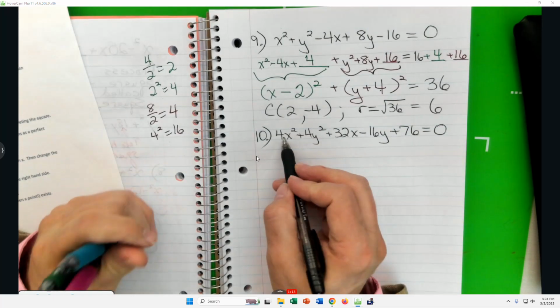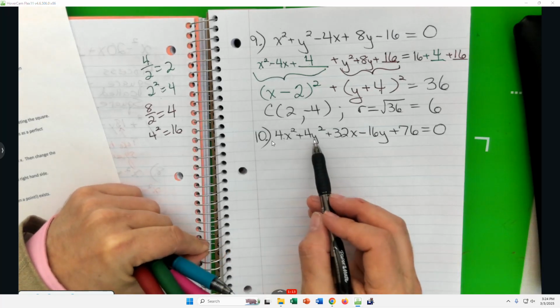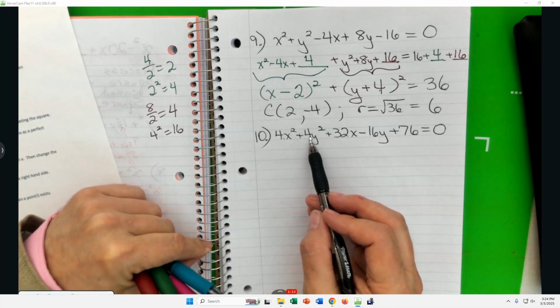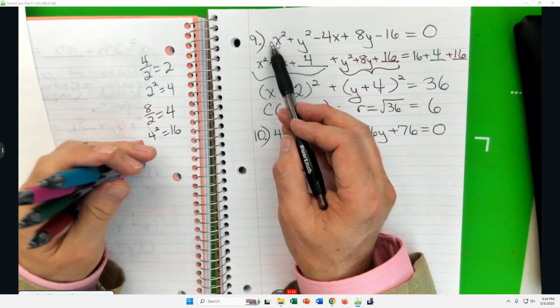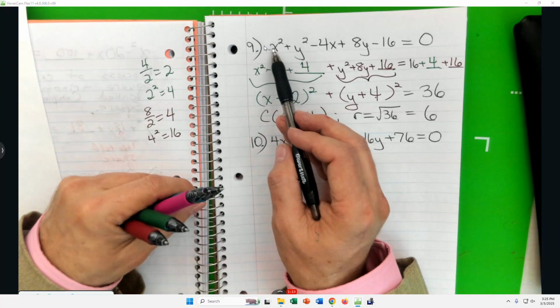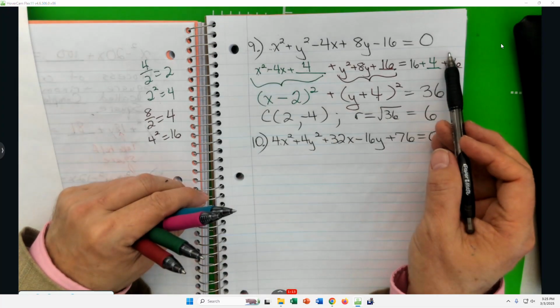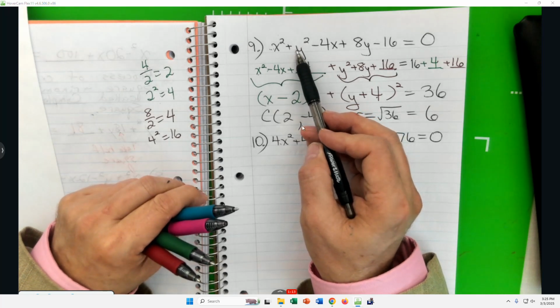So realize, if you have a number in front of x squared, you have to have the same number in front of y squared for it to be a circle. If you wanted that to be a 4x squared, you'd have to distribute the 4 all the way across, which means you'd have a 4 on the front of the y squared also.